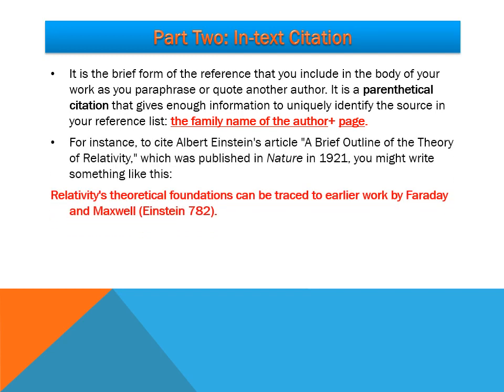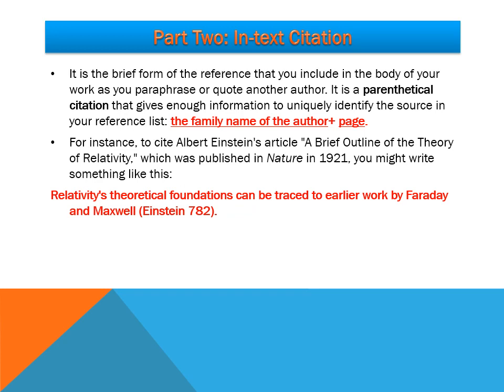So here is an example that is interesting. It's about Albert Einstein's article, A Brief Outline of the Theory of Relativity, which was published in Nature in 1921. Let's imagine that you are theorizing something about literature and you find it interesting to include this theory or to quote from this article.